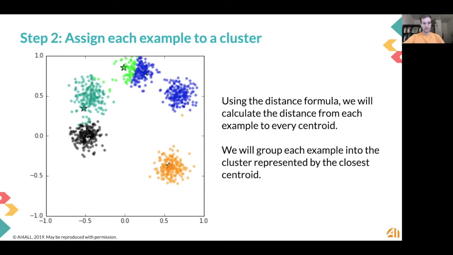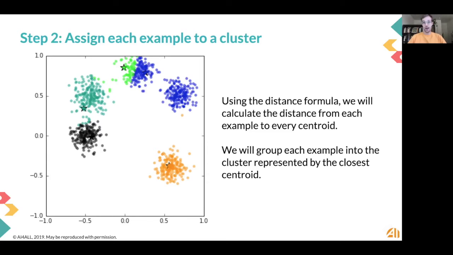So for example, we can take one of the points in this top part of the screen and measure the Euclidean distance to that green star, to the blue star next to it, to the orange star in the bottom right corner, and to the green and black stars on the left side. And then for that point, we color it according to the closest centroid, okay? So in this case, the closest one was green.